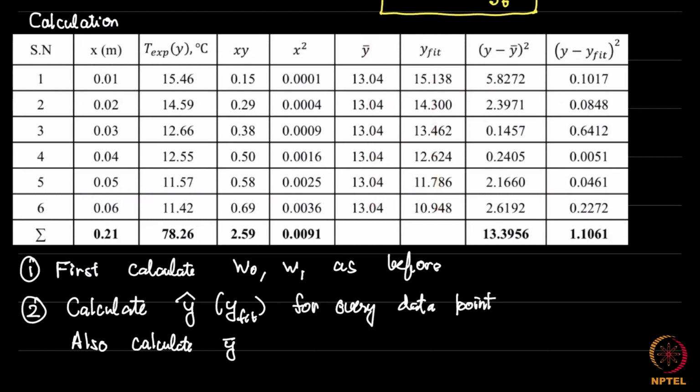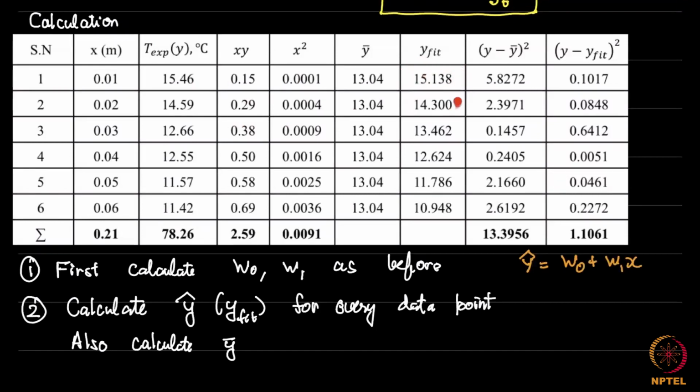What is y fit? Y fit basically is you go everywhere and calculate y hat, which is y fit, as W0 plus W1x. Since we also already know W0 and W1, you can now see.